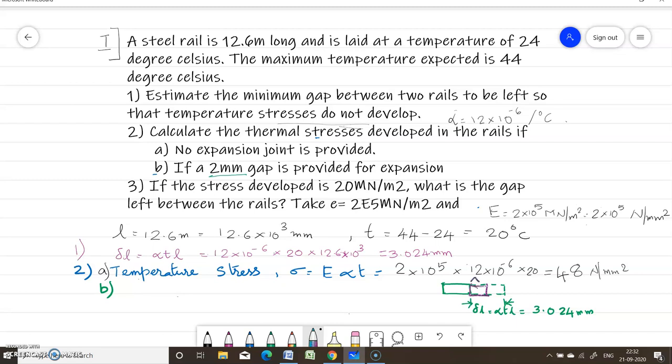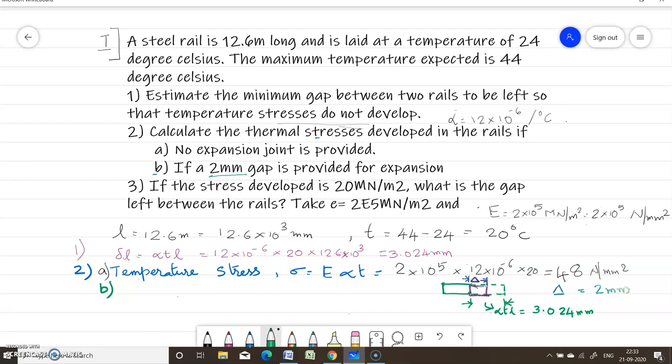That is capital delta. We have taken this earlier. Capital delta is equal to 2 millimeter. Okay, if it is allowed to expand freely, it will expand to a distance equal to alpha into T into L, and that is equal to 3.024.